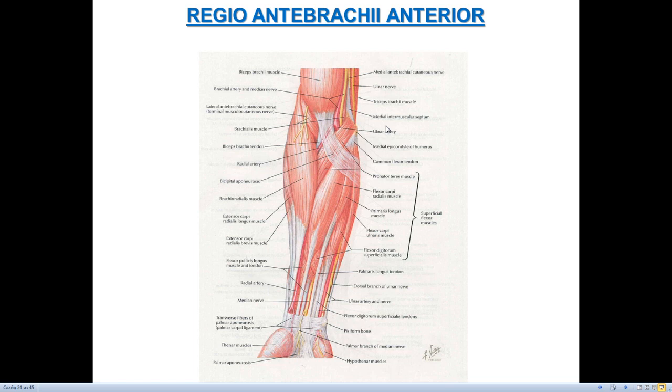Skin is thin, in the subcutaneous fat rest the cephalic vein and the cutaneous antebrachial lateral nerve.